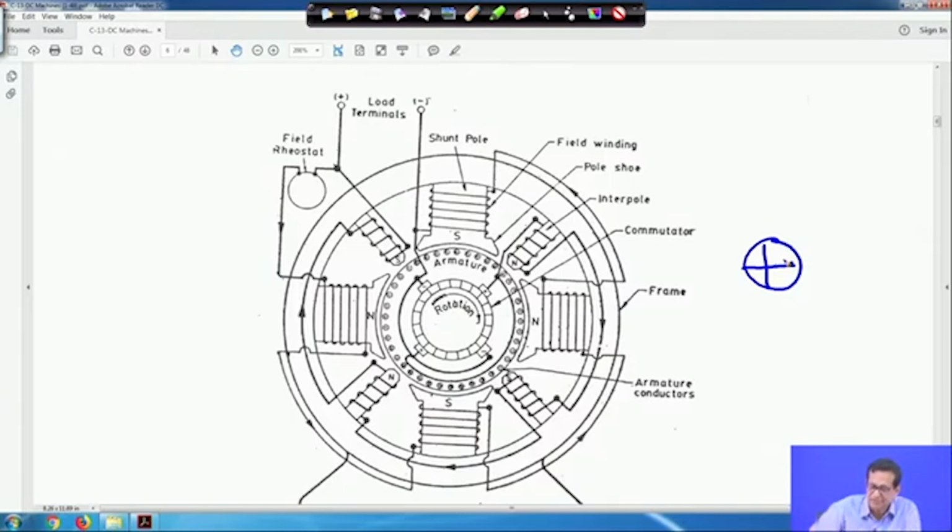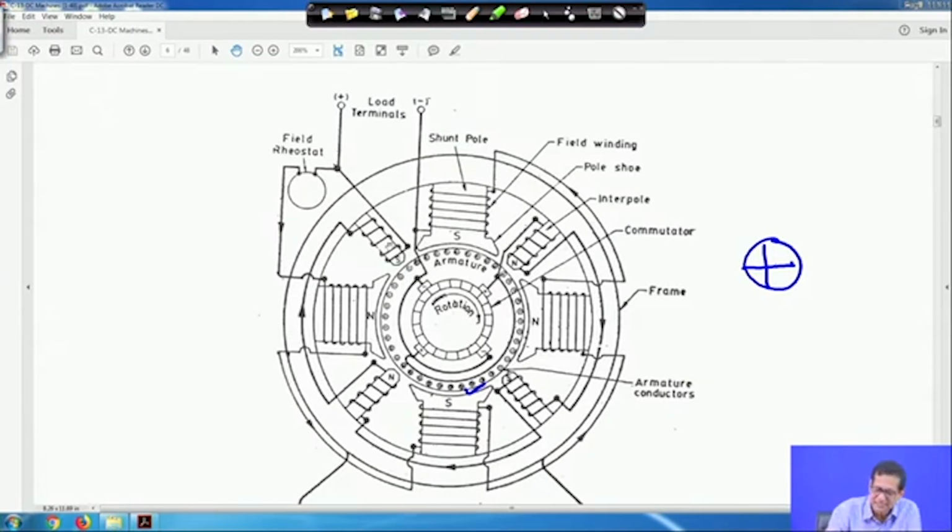Similarly, this side it is plus, under the S pole this is also plus, and dot everything is there. Plus means current entering into the plane, and dot means it is leaving the plane, that is, current coming out. So, this is the direction of the current, and the curling fingers will be the direction of the flux.